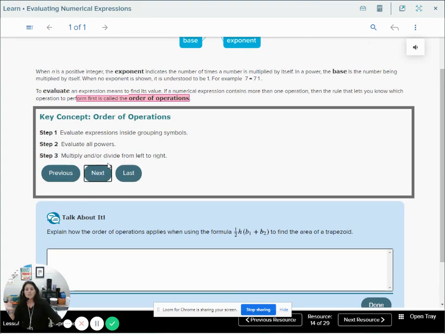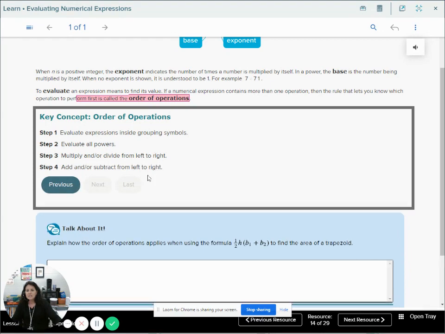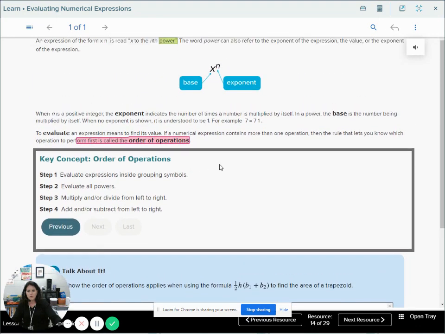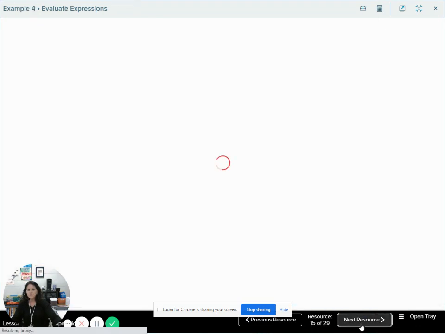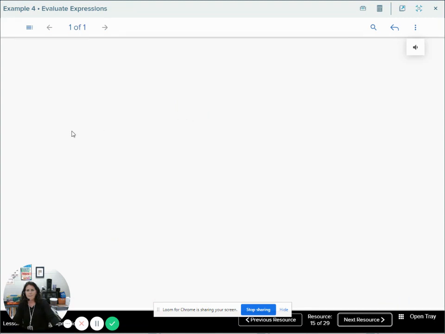Next, we multiply and or divide. We do whichever one comes first in the problem as we're reading it from left to right. Next, we add or subtract from left to right, and then our problem is complete. So this is order of operations. So let's look at example 4 here. It's taken a minute to pop up.